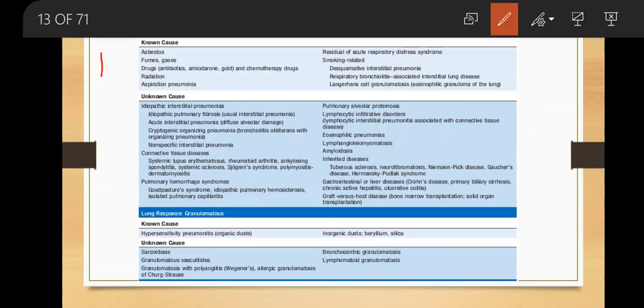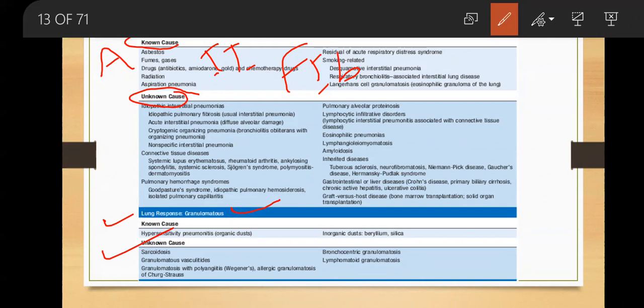We are talking about these factors, some of them known, some unknown. The other response is the granulomatous response, some of which are known, some unknown. So it can be an inflammatory response or a granulomatous response.